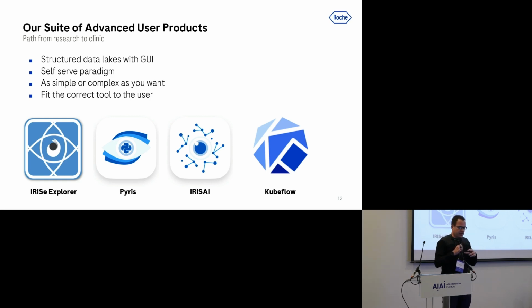And then we have a self-serve paradigm with the internal open source libraries that our users can leverage in order to develop their specific algorithms. And basically, by delivering the correct tool to each user, we are minimizing the need for active support.